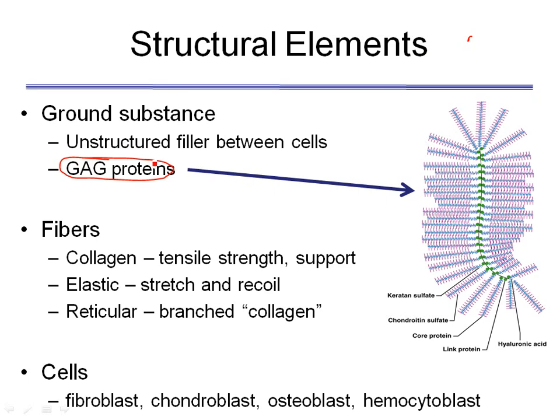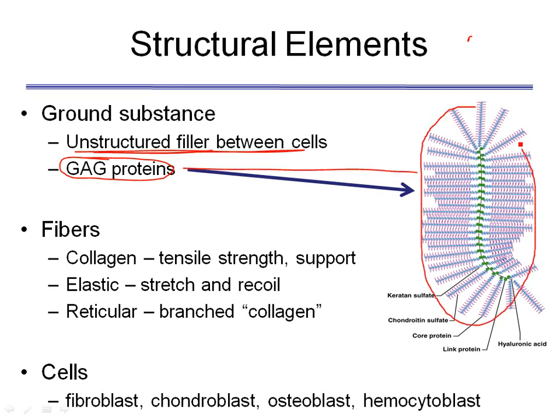It also can contain a myriad of other proteins and secretions and compounds and minerals, so it's unstructured filler material between the cells. The deal with this protein GAG, it's huge, is the more GAG you have in the matrix, the more viscous or thick the matrix becomes.